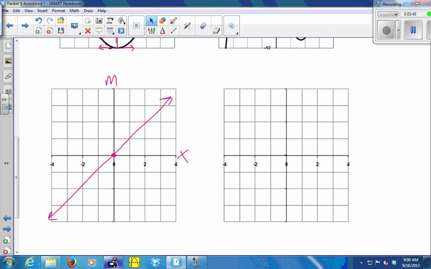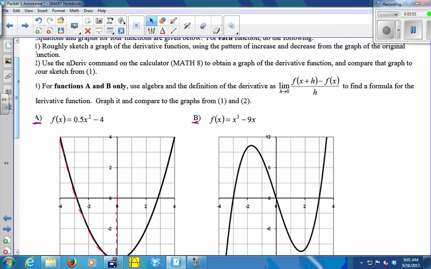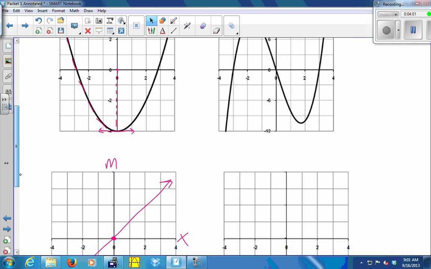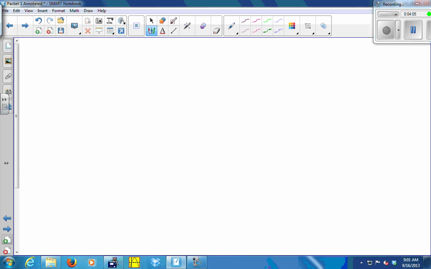Okay, so then the last piece of this question is to use algebra and the definition of the derivative, which is this, the limit of the difference quotient, to find a formula for the derivative function. So we have the limit as h approaches 0 of f of x plus h minus f of x all over h.